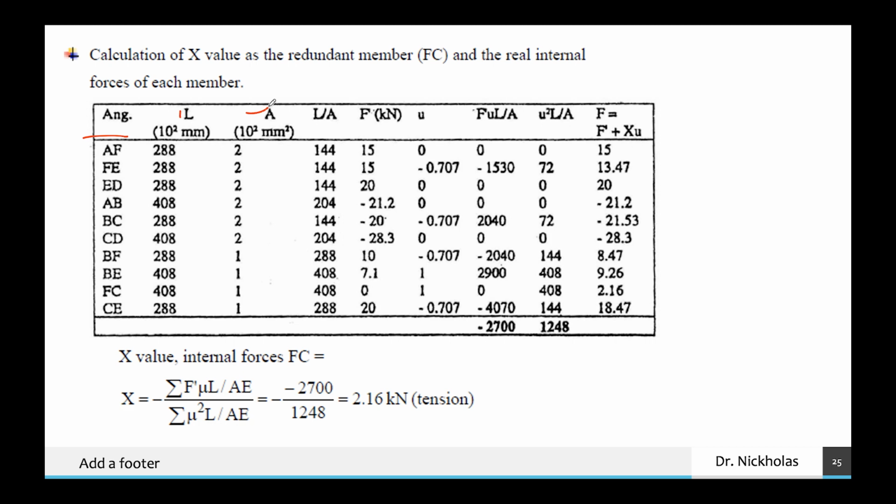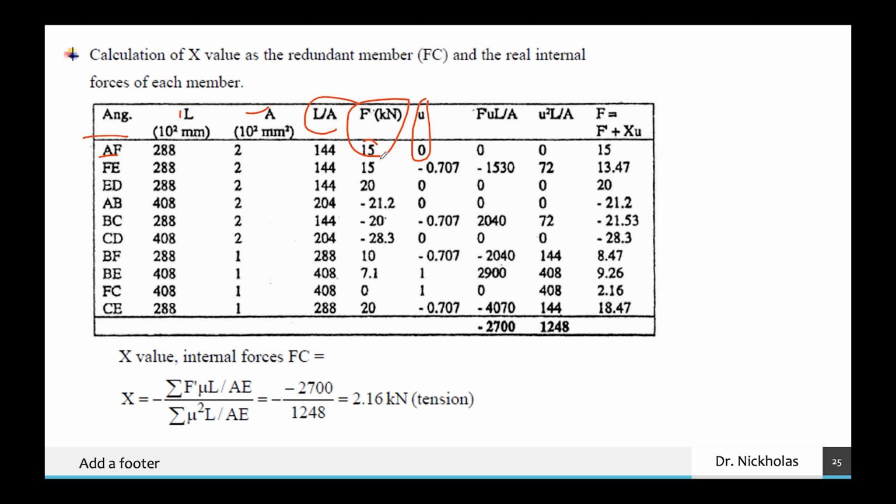We can see here, for example, the member F. The internal member force due to the real force, after removing the redundant member, is 15, and the member force due to the 1 unit load is 0, a zero force member. We take a look where is AF.